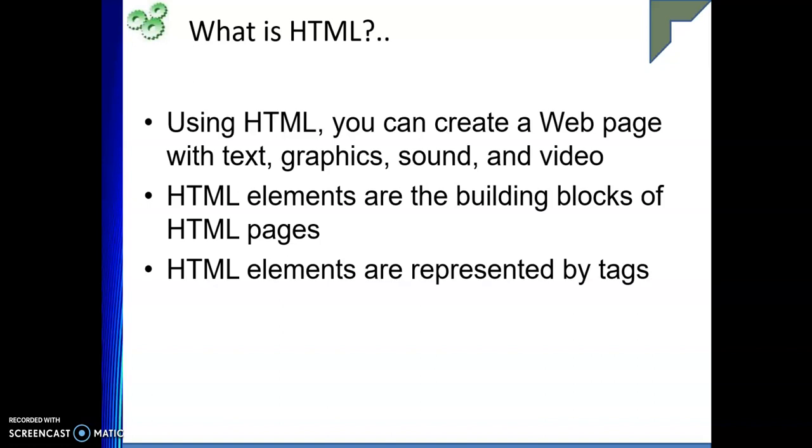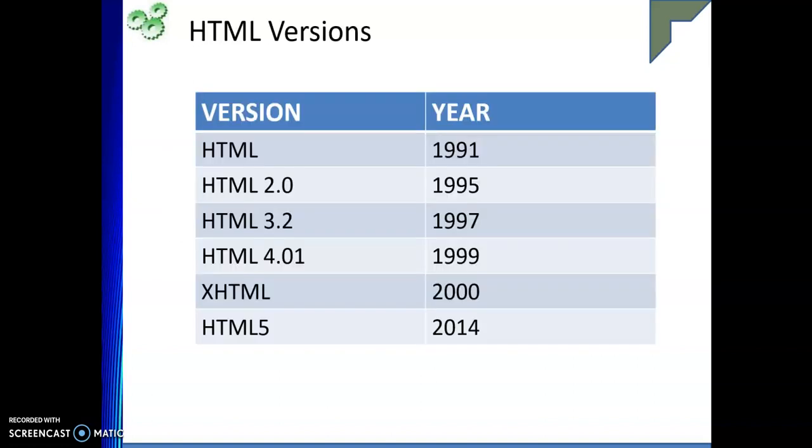In my next video, I will be talking about the difference between elements and tags and how to represent them. Upcoming, we'll be talking about more. But when you talk about HTML, it is the way to create the web page. We can have texts, graphics, sounds, videos, and the basic building block for HTML is the HTML elements, and these elements can be represented by using tags.